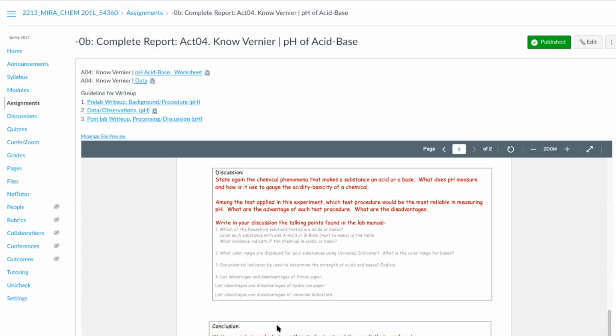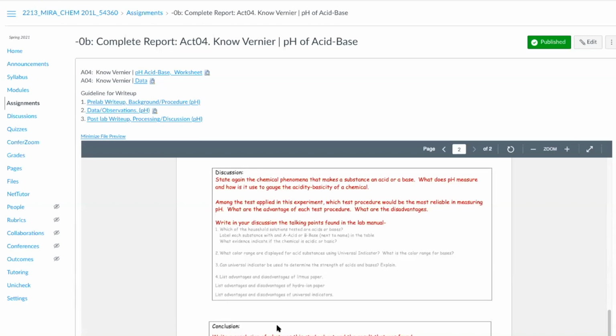The other type of litmus paper is blue. Blue litmus paper will turn red under acidic conditions, but stay blue under basic conditions and stay blue under neutral. So the only way you determine neutrality is when red litmus paper stays red and blue litmus paper stays blue.